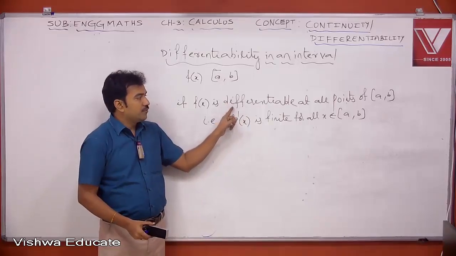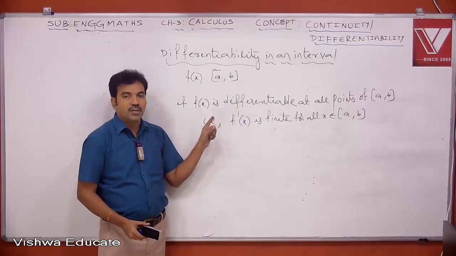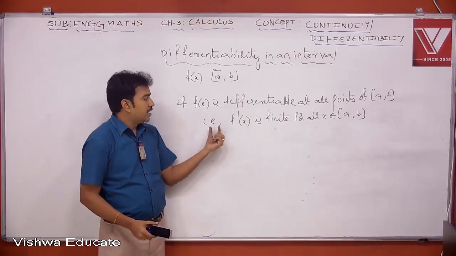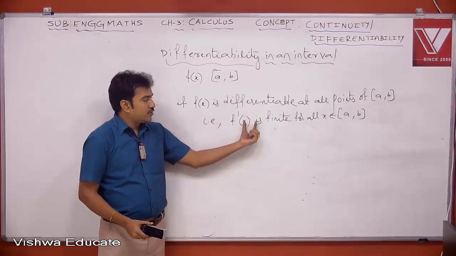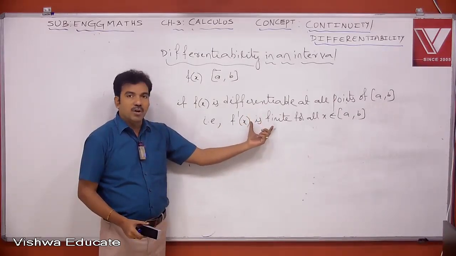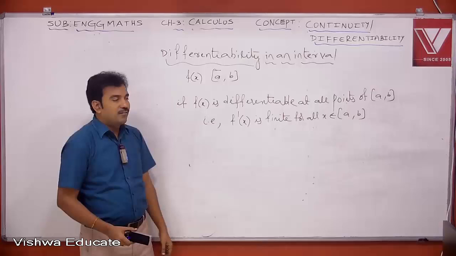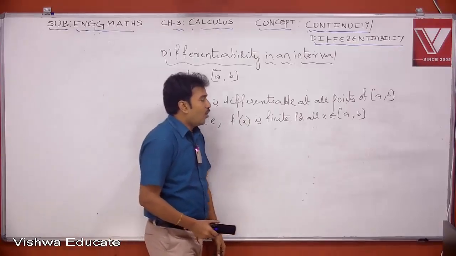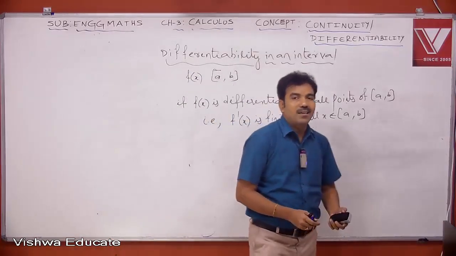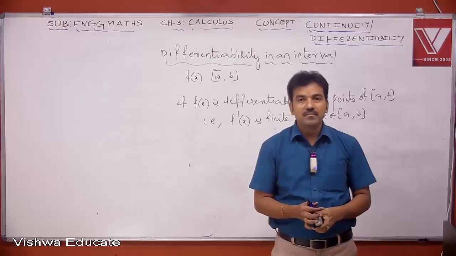If f of x is differentiable at all points of closed interval a comma b, that is, f dash of x is finite for all x belonging to closed interval a comma b.